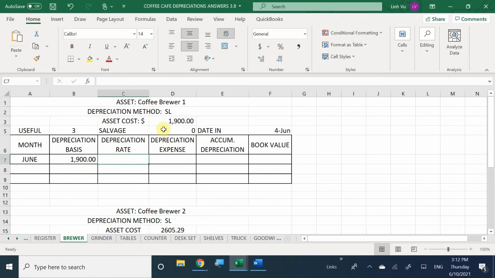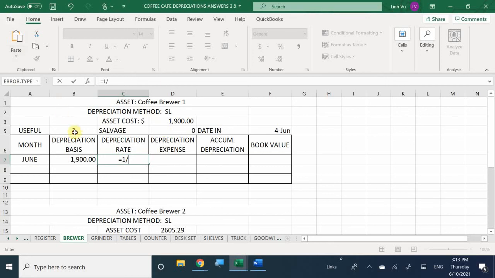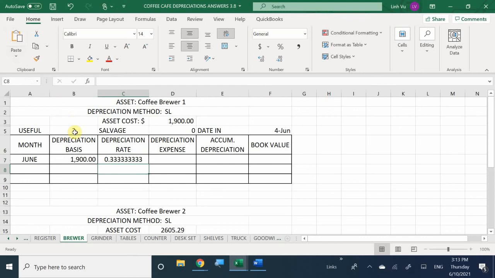The formula for depreciation rate is 1 divided by the estimated useful life, which is 3 years. Good. I'm lost. I know we went over this in chapter 11 or something. Yes, this is on the exam, so make sure you guys know this.